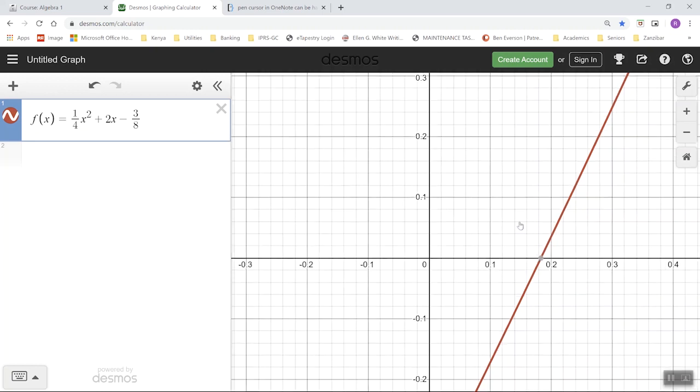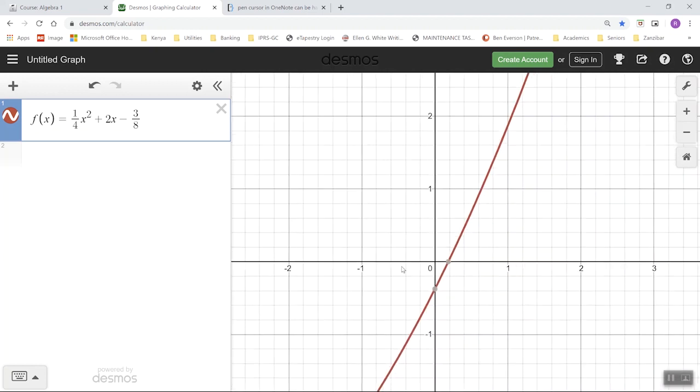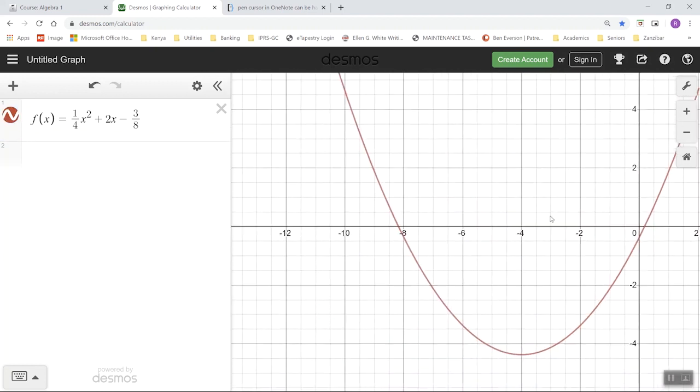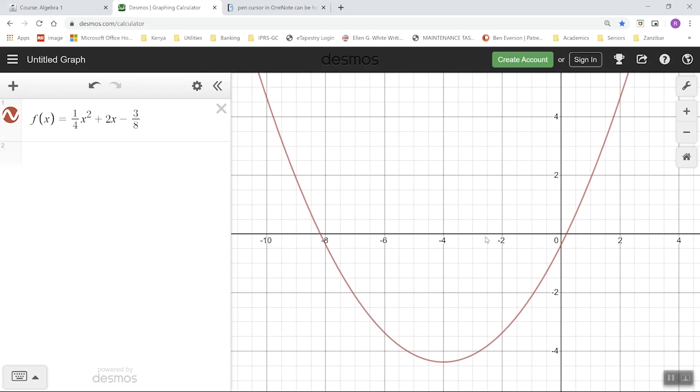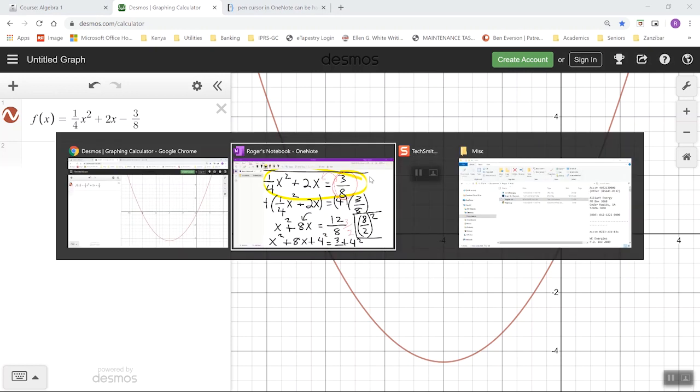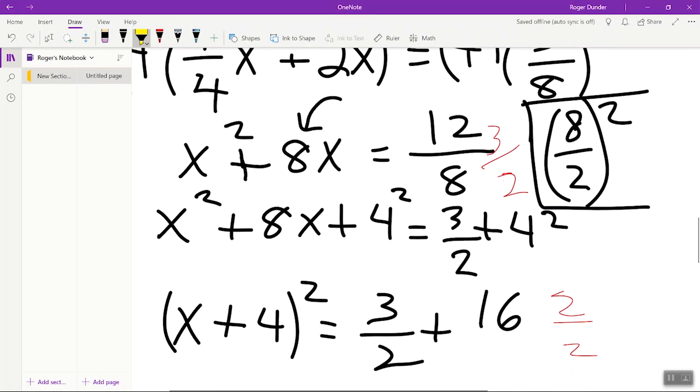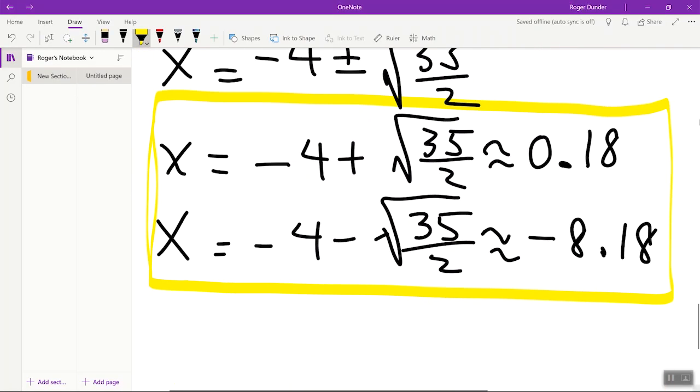So isn't that cool? This quadratic function has a graph in the shape of a parabola. It's opening up. It has two x-intercepts or two roots, which happen to turn out to be negative 8.18 and 0.18, which just coincidentally happens to be exactly what we got right here, using strictly mathematics through completing the square.